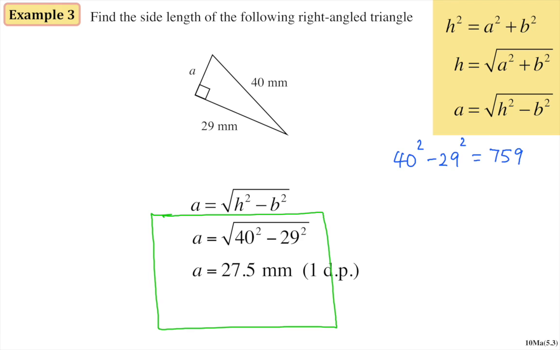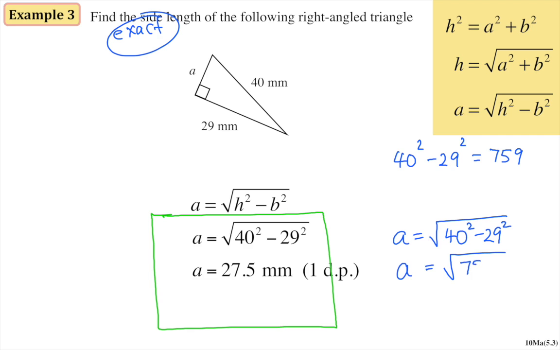So if this question said find the exact side length, you would have said a equals the square root of 40 squared minus 29 squared. A equals the square root of 759, because we figured out that 40 squared take 29 squared is 759, and you'd leave it like that.